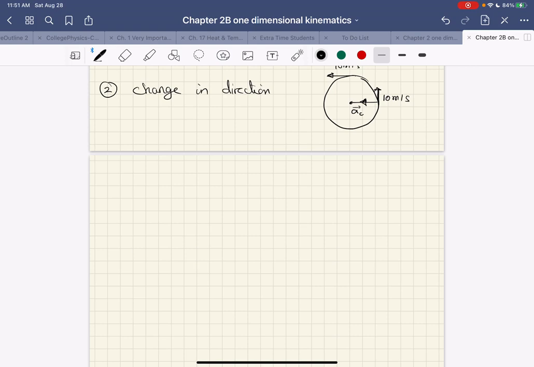By the way, yes, we can write acceleration as a vector, change in v over time, and that is going to be v final minus v initial divided by time. It has units of meters per second squared.